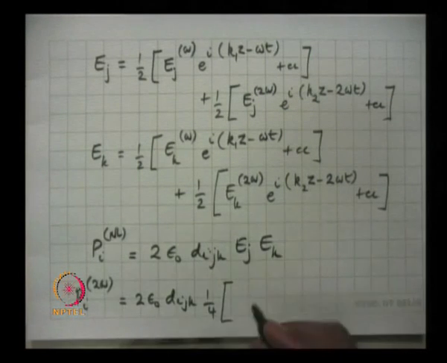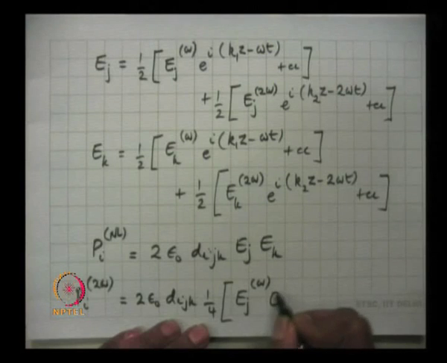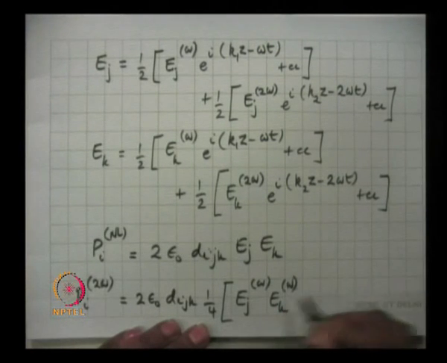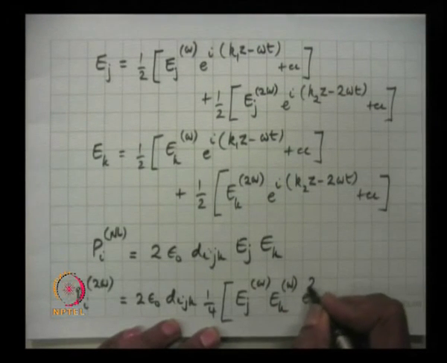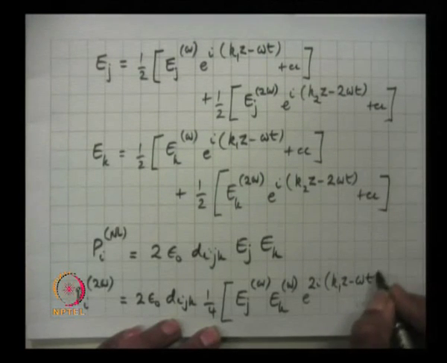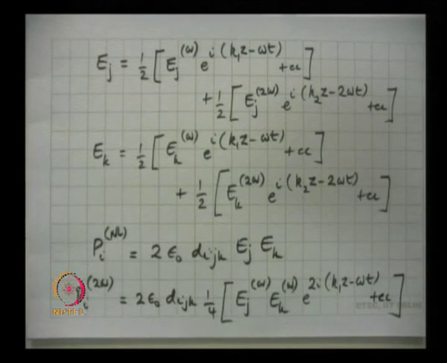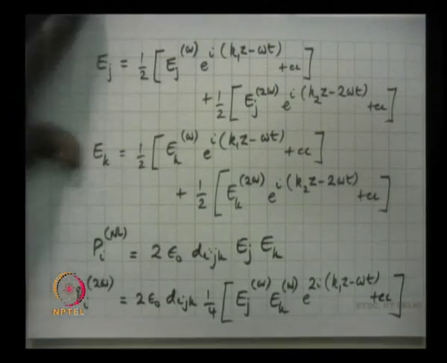So I will have here E_j omega, E_k omega, exponential 2i(k_1 z minus omega t) plus complex conjugate, which I can write as follows.